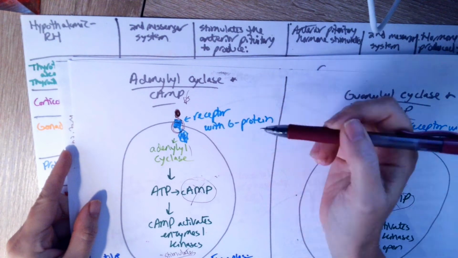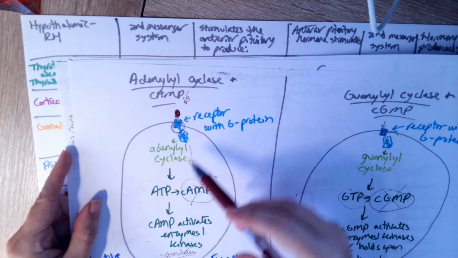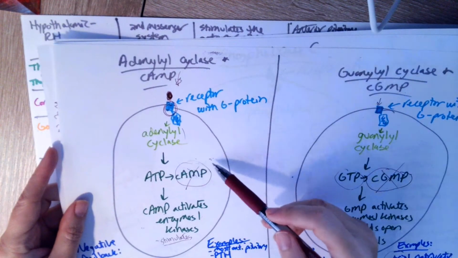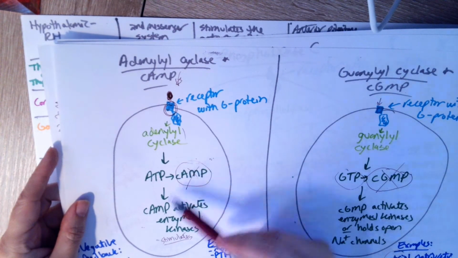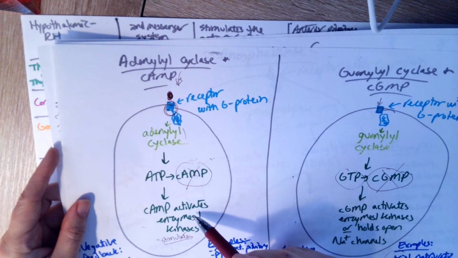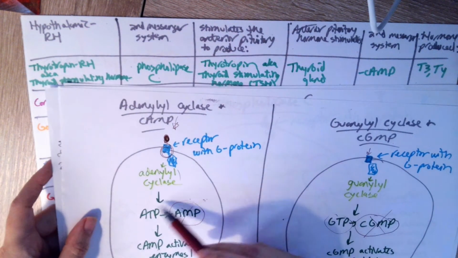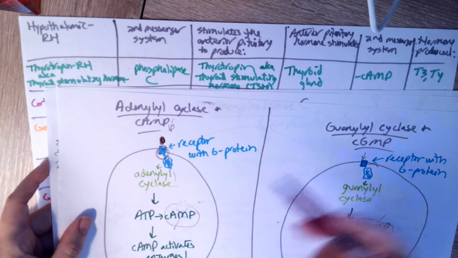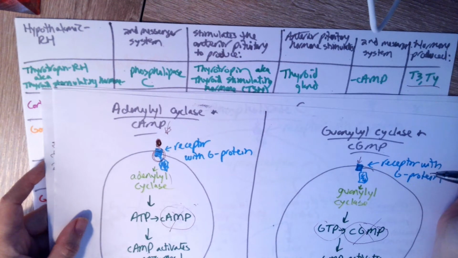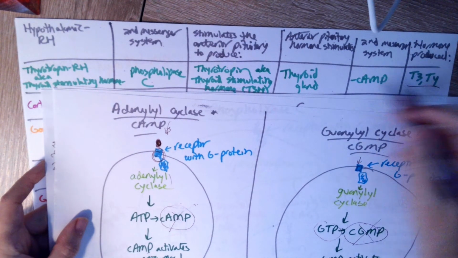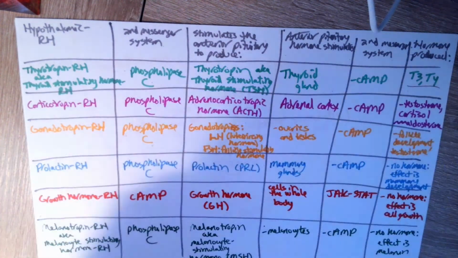It binds to the receptor, activates the G protein, activates the adenylyl cyclase, it turns ATP into cAMP, and stimulates the cell. And in this case, this is a thyroid cell, and what thyroid cells do is they make two hormones, T3 and T4.